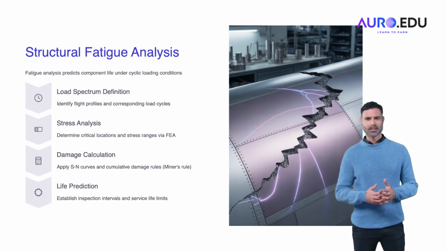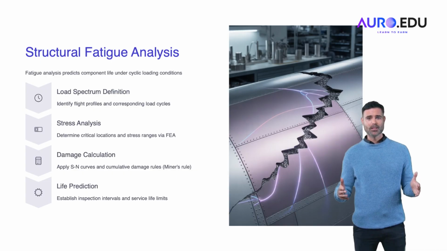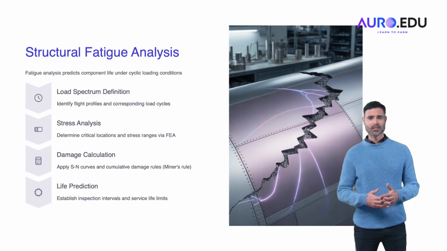Fatigue analysis is used to predict how components will perform under repeated loading conditions, a crucial factor in ensuring the longevity and safety of aerospace structures. Aircraft structures are subject to cyclic loading, including repeated takeoffs, landings, and turbulence. Over time, this can lead to fatigue damage.